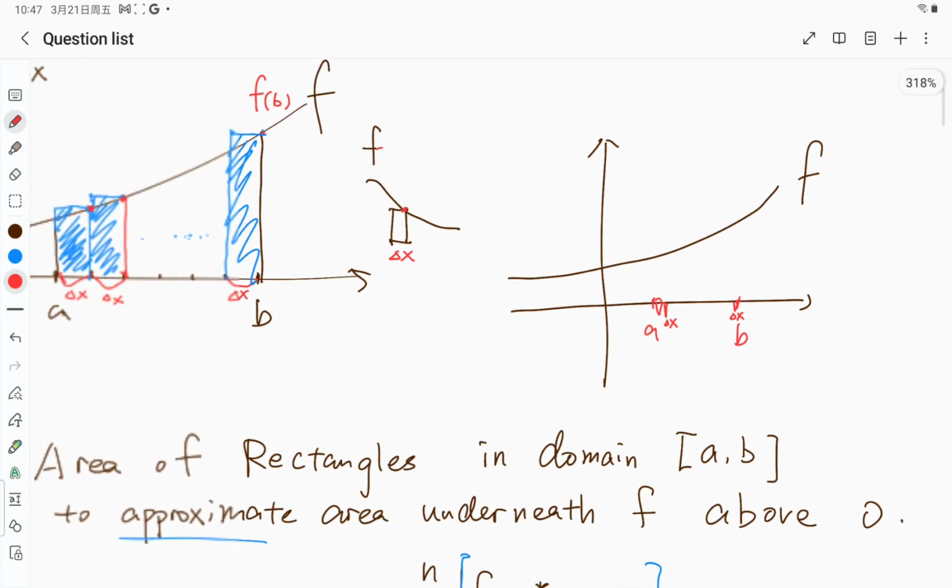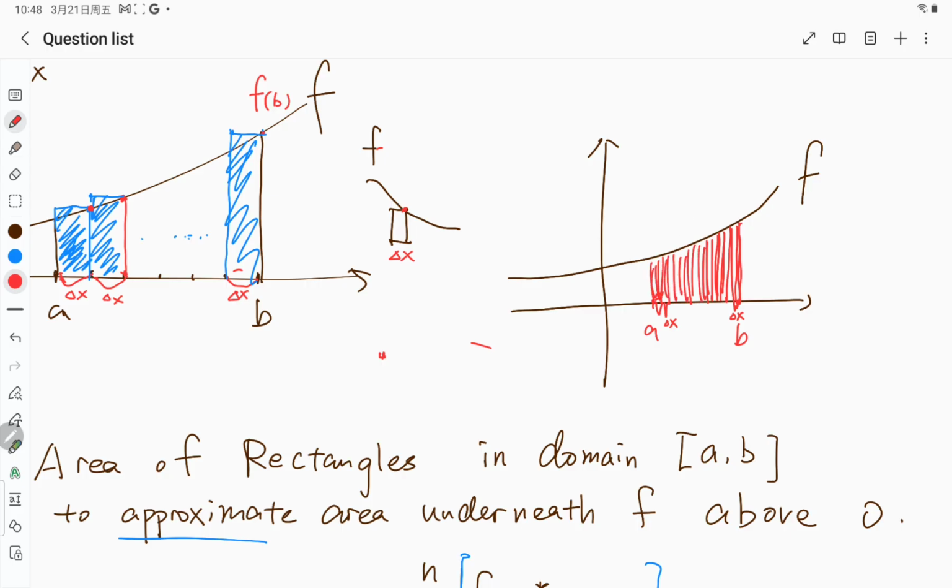I hope you think it's interesting, because it is really a revolutionary idea of taking the limit, right? So here, when we take finitely many, each delta x actually has a length that maybe we can calculate or visualize. But when we take infinity, it's like infinitely thin delta x, and then each of these rectangles, like the blue area, become infinitely thin vertical lines, right? And then as n goes to infinity, there are just infinitely many of them, right?